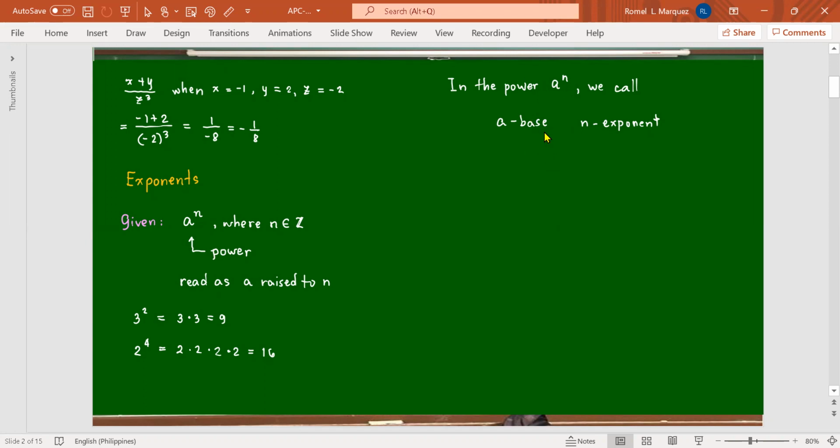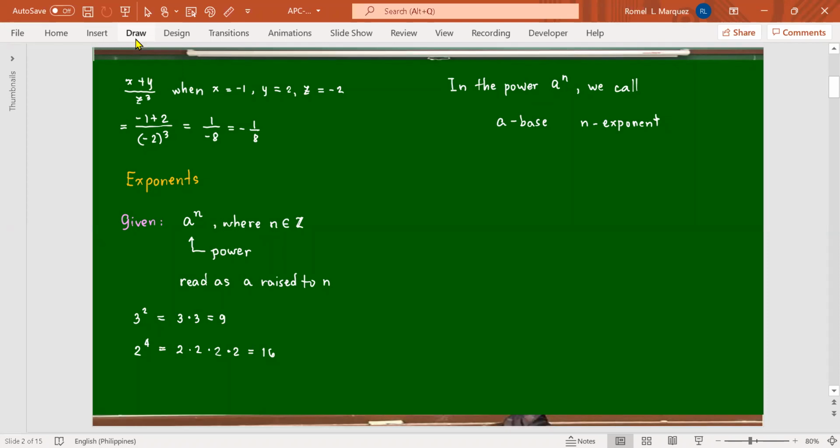Is that clear, guys? Now, there are rules or laws that exponents obey, no? I hope you are able to see them in the lecture notes that I give to you.